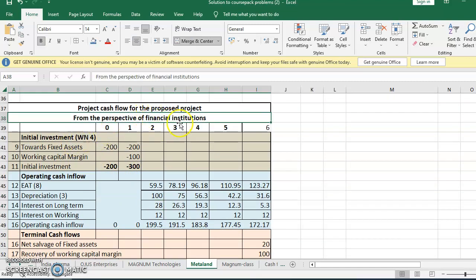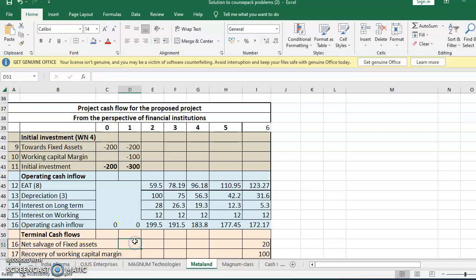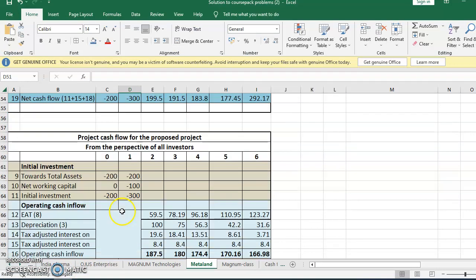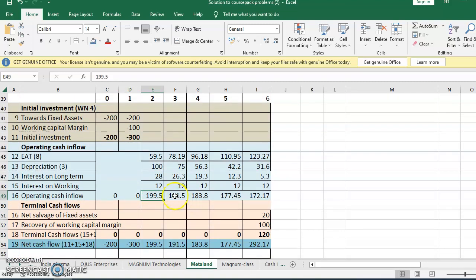This is from the point of view of financial institutions, so long-term funds. Therefore, we have taken interest on long-term loan and interest on working capital. So how much is the operating cash flow from the point of view of the financial institutions? It is 199.5.